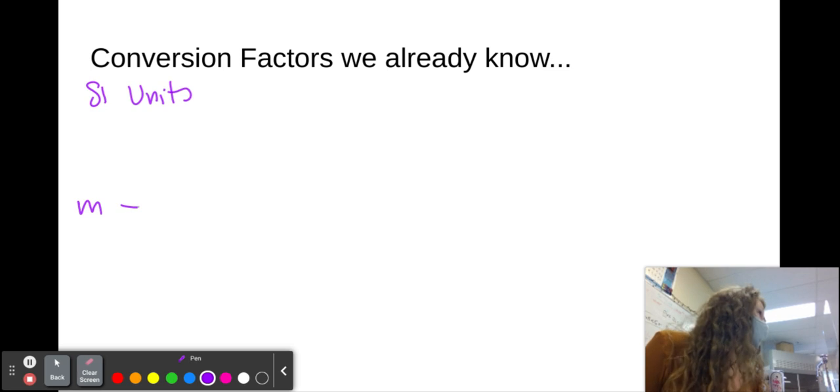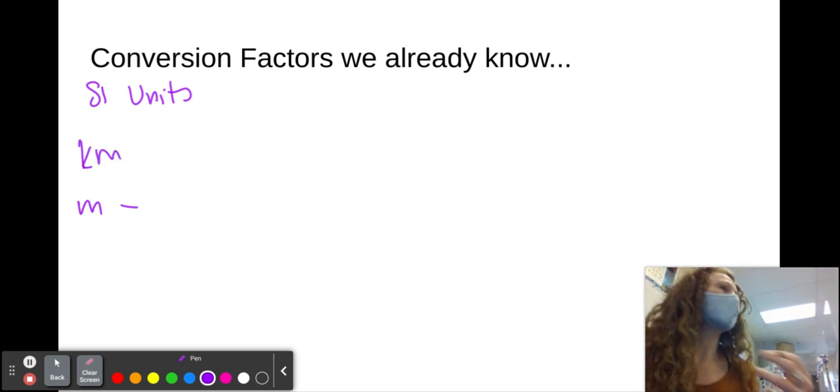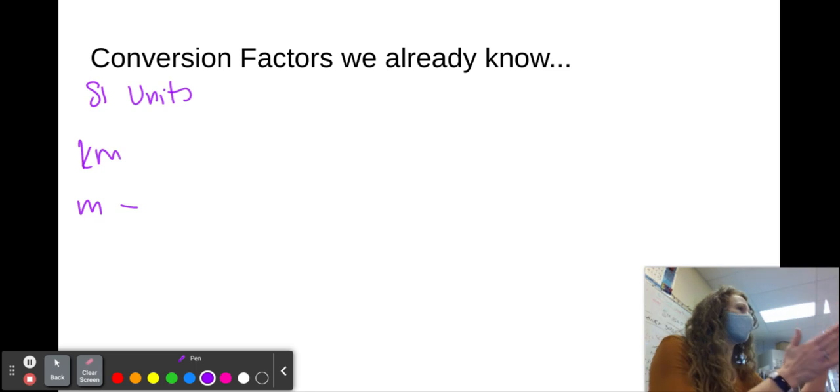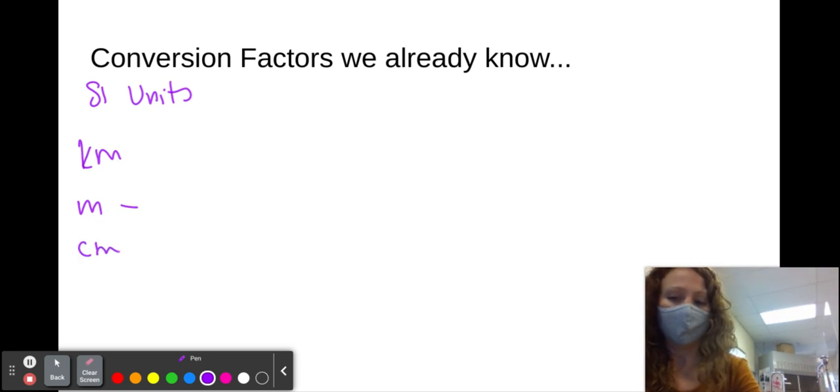If we're talking about the distance from here to Michigan, and you tell me it's 7 million meters, I'm going to be like, I have no idea what that means. What would you tell me instead of meters? Kilometers, yes. So also measures distance. We can talk about the same distance, but in kilometers.